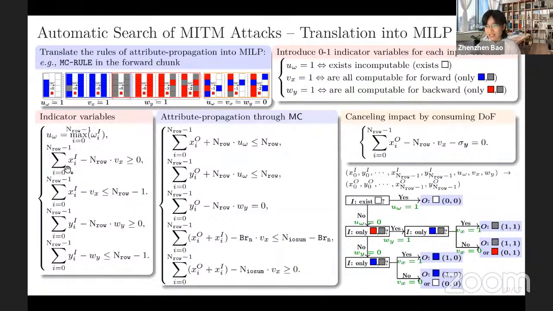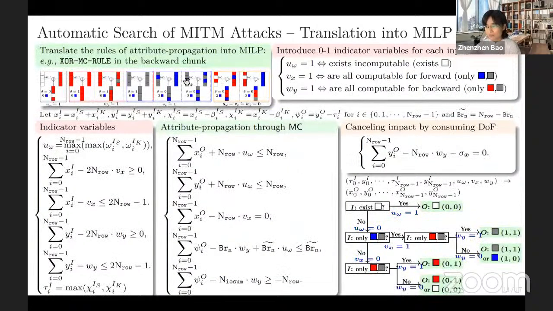After defining these indicator variables, the attribute propagation through the operation can be constrained using these indicator variables following a case-by-case analysis. The number of consumed degrees of freedom is also counted. The most involved one is the XOR MC rule for the backward chunk, which is shown to be necessary to cover more possible ways of cancellation of impact.